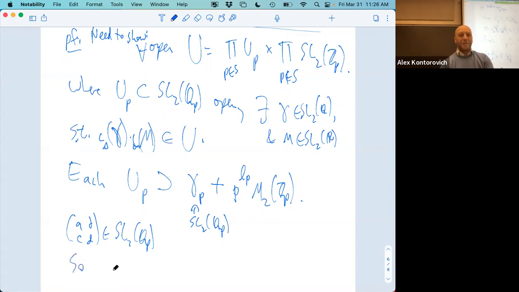So the embedding, what do we need if we want to find a matrix gamma that, embedded into the p-adic place, is in U_p?